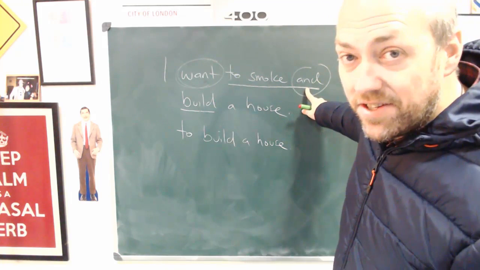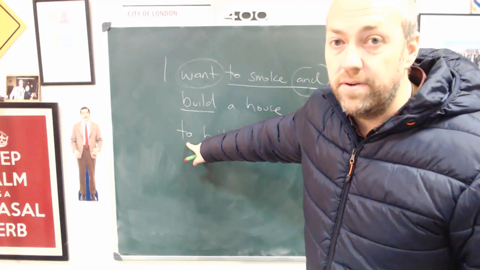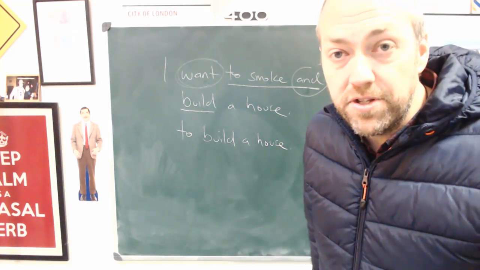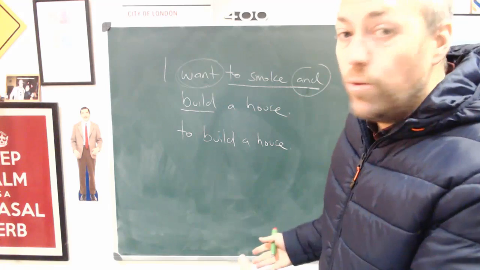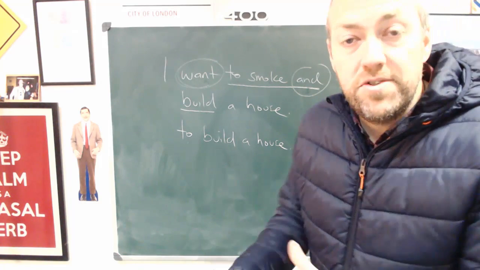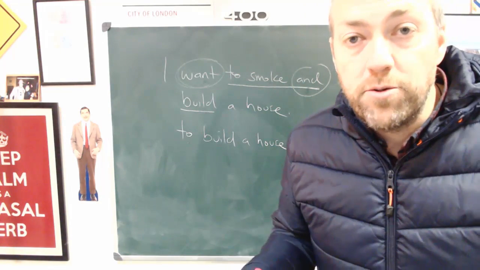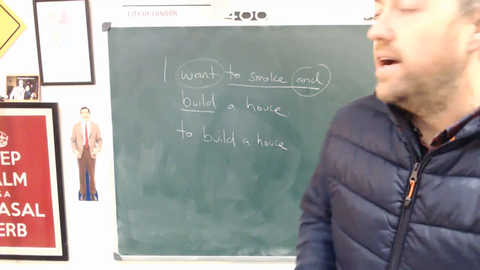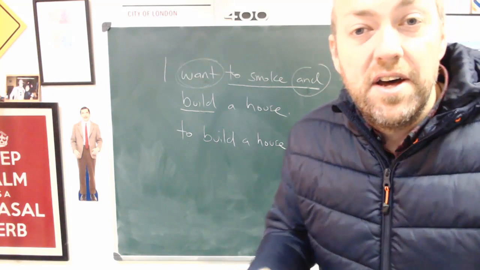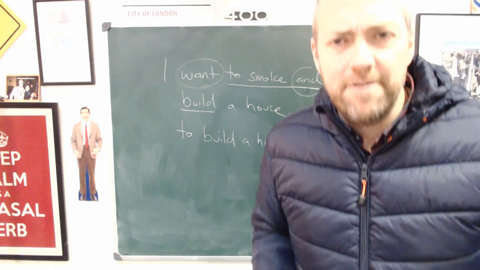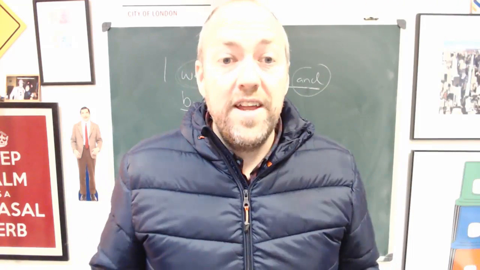Because we have and, we don't need to use this to, but it's optional. If you want to put the to, no problems. Here you are not using ellipsis. Here you are using the infinitive and the infinitive. Both options are absolutely correct. This is just a question of style, a question of rhythm. So hopefully that helps to answer your question. Please tell me if not, and I will explain some more.